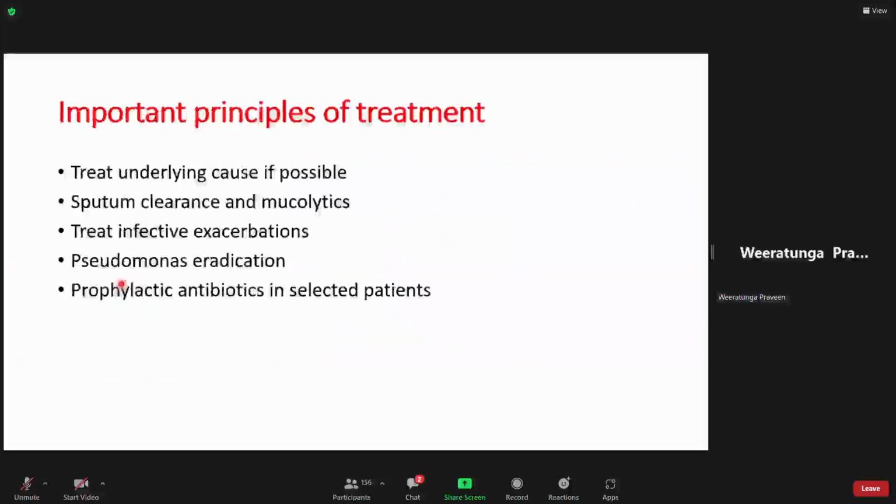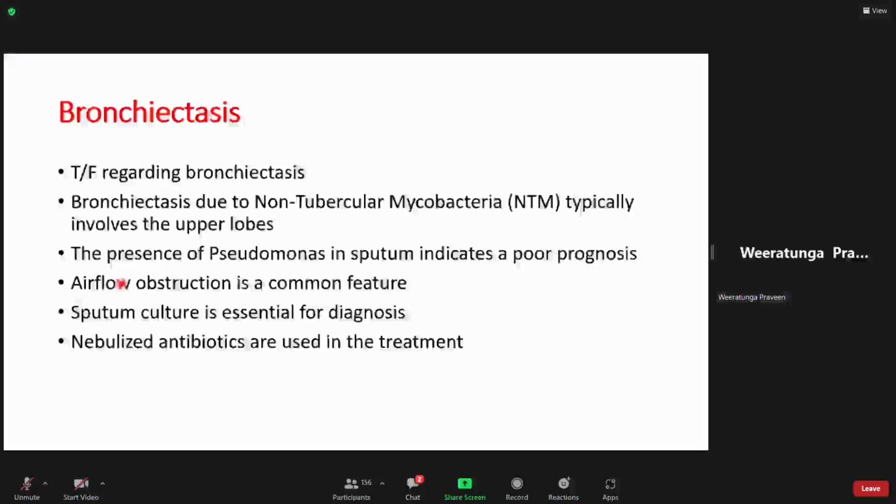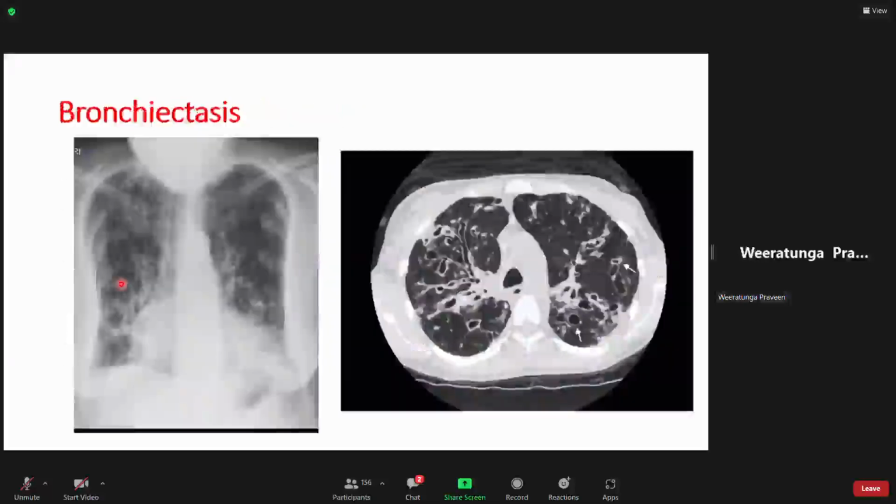Now, regarding the management of bronchiectasis, the problem is there is a lot of muck in the bronchial tree. Bacteria, nasty fellows like Pseudomonas, go and live there and recurrently cause infection.